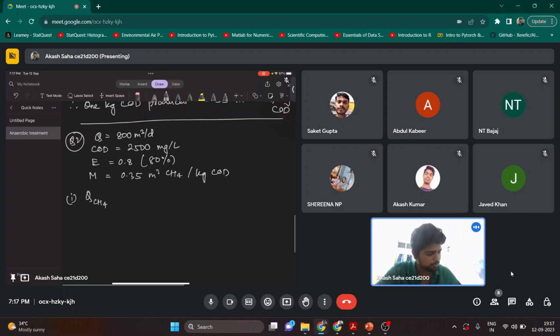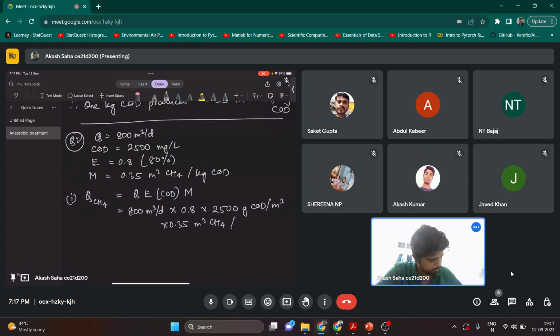So QCH4 we will find out, which will be equal to Q into E into the COD value into M. So it is 800 meter cube per day into 0.8 into 2500 gram COD per meter cube, as I have just changed milligram per liter into gram per meter cube, into 0.35 meter cube CH4 per kg COD.